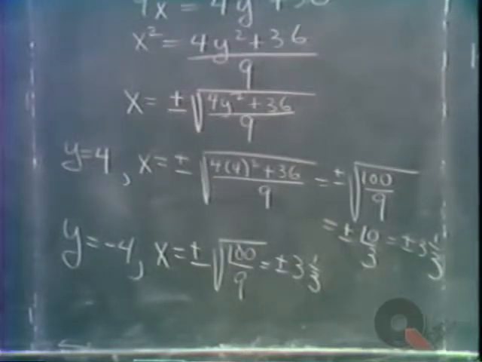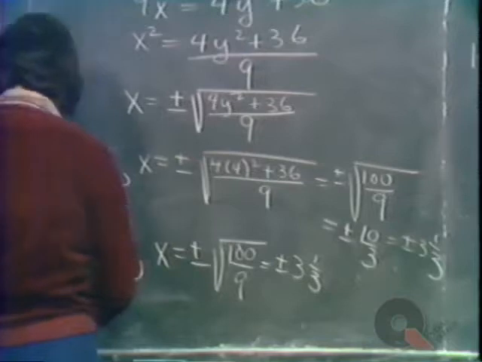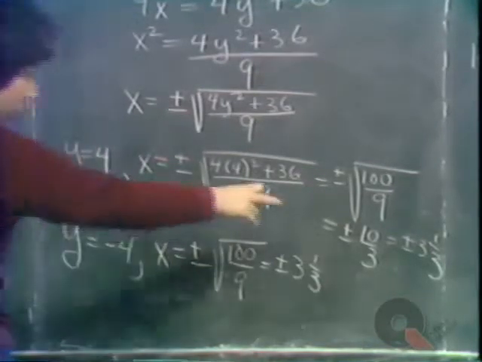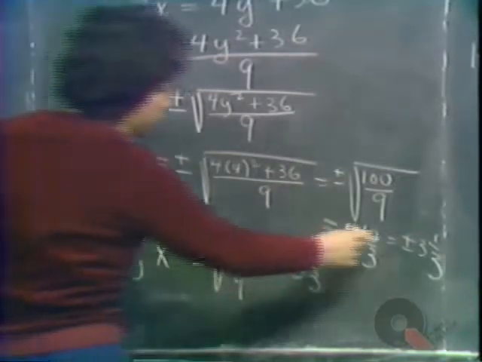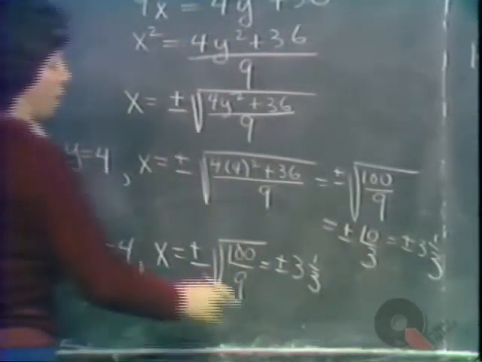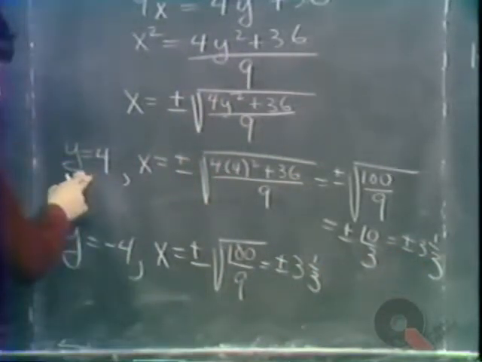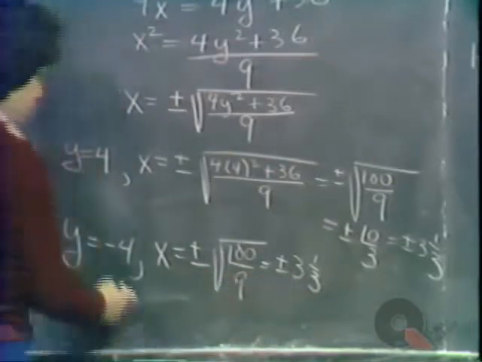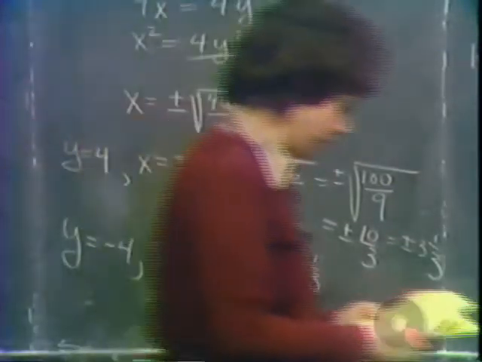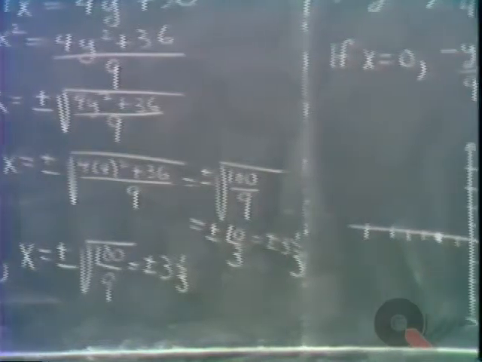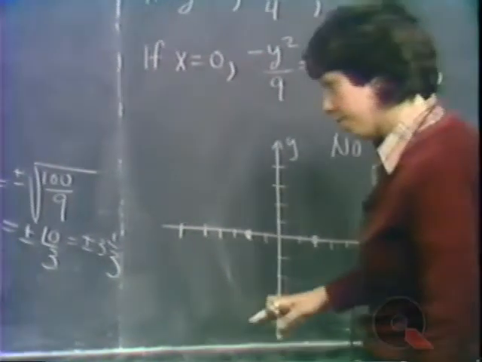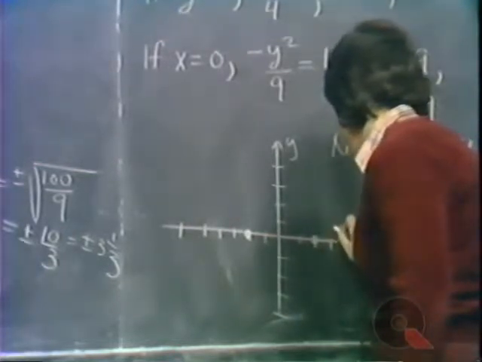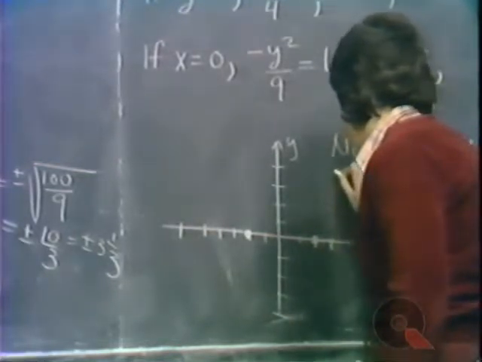Let's plot these points. We have actually 4 points here that we can put on our hyperbola. Remember, these are the y values, those are the x values. So we have 3 1/3, comma 4; minus 3 1/3, comma 4; 3 1/3, comma minus 4; and minus 3 1/3, comma minus 4. Let's plot those 4 points. 3 1/3, comma 4: 1, 2, 3 1/3, up 1, 2, 3, 4.